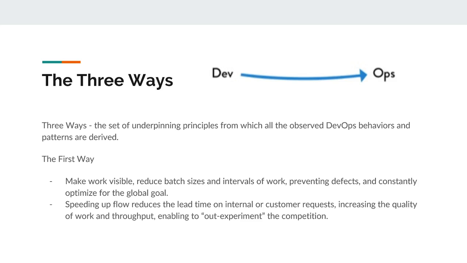We have goals to speed up workflow and reduce the lead time, as mentioned in the previous section. That way we're able to take on more customer requests and increase our quality going through, and it also helps us out-experiment competition.